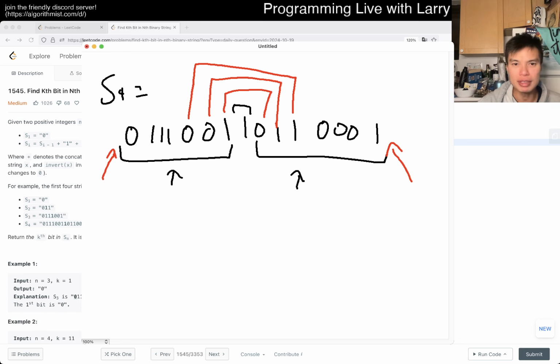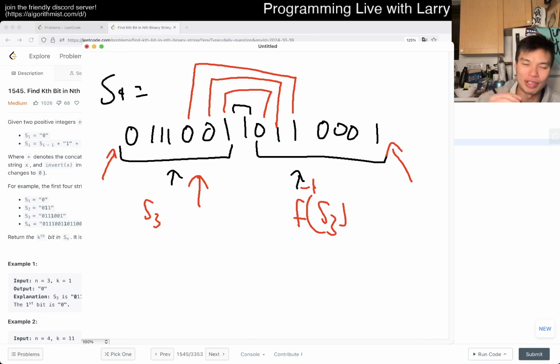And so if it's on the left side, then we know that it's going to be S3, right? Because things on the left just don't change. And then if it's on the right side, then you know it's going to be some function of S3, that reverse function that we talked about, inverting and reversing.